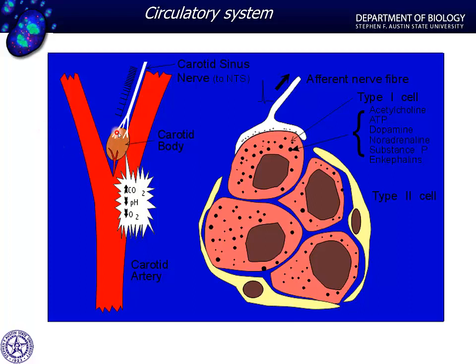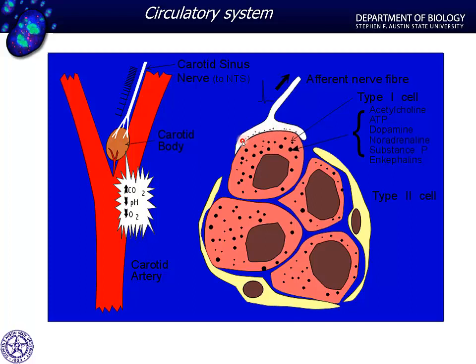So in our illustration, we have the carotid body. The carotid sinus is going to be, again, sort of in this direction. They're calling this the carotid sinus nerve, sensing, again, those pH changes. Here we have the sheath cells on the outside, the glomus cells on the inside, and here we have a synapse.